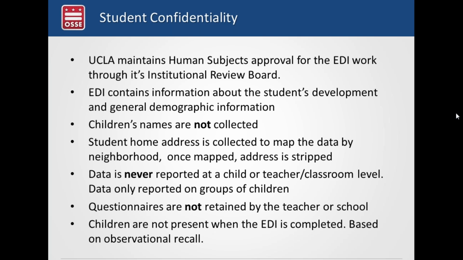I did mention we collect addresses for the purposes of mapping children to the neighborhood cluster they live in, and then we strip out the addresses. We never report on an individual child or teacher. The individual questionnaires can't be retained at an individual child level in a student's record, for instance. They're submitted to UCLA, so it's really only aggregate reports that anyone has access to.